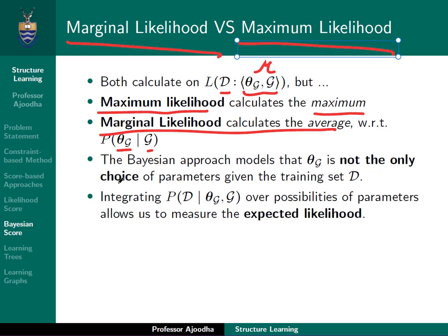So the Bayesian approach models that this parameter is not the only choice. There are other choices; the MLE is just one possible choice of parameters. Integrating over all possibilities of the parameters allows us to measure something called the expected likelihood. So we're not so worried about maximum likelihood anymore. We're now worried about expected likelihood, and this is the right way to do it.